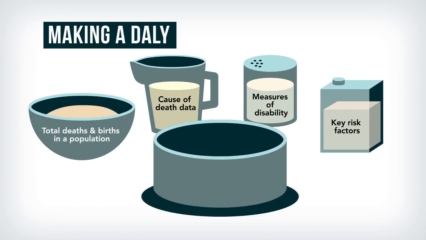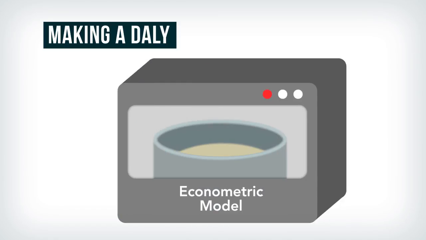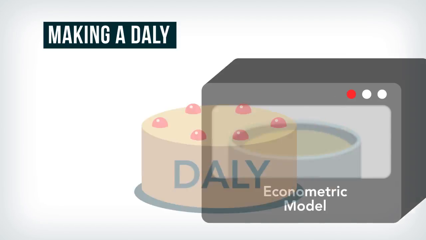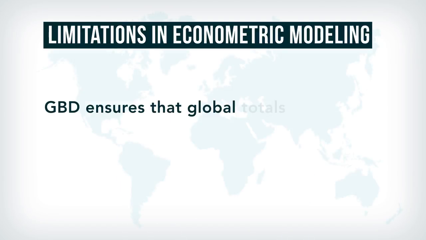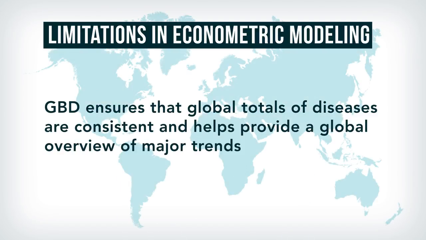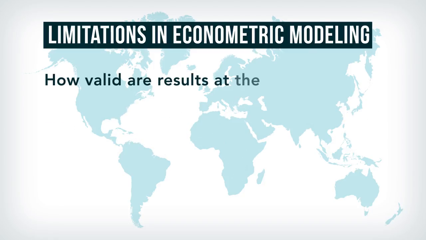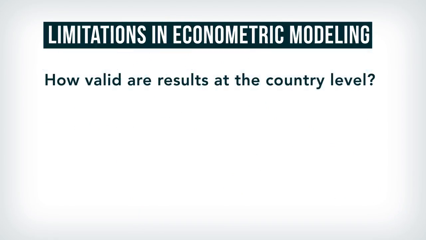So, you take these ingredients and you put them together in this econometric model. Think of this like the oven, which then leads to the DALY estimate. GBD is obviously useful to ensure that global totals of diseases are consistent and helps provide a global overview of the major trends. How valid are the results at the country level?